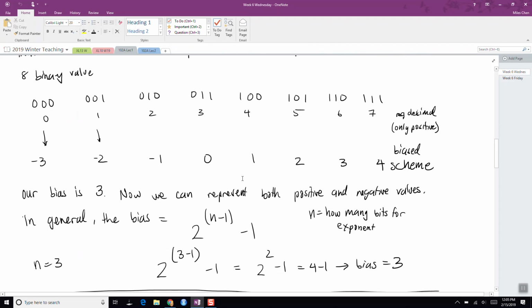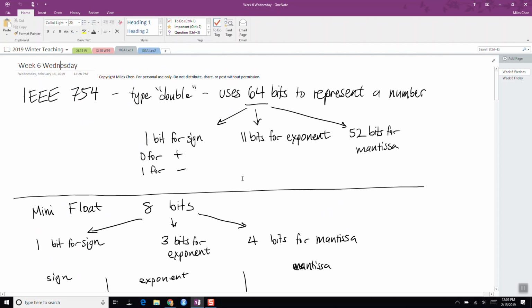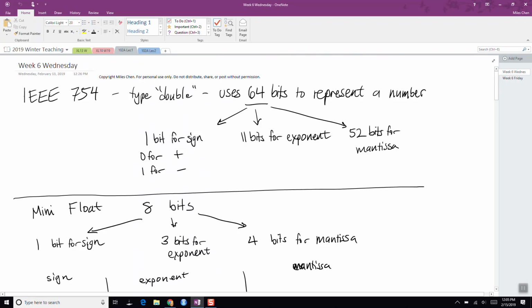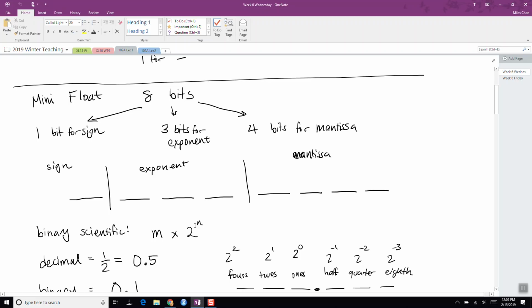And we said the way the specification goes is it uses 52 bits for the mantissa, 11 bits for the exponent, because we're basically doing binary scientific notation, and we have 1 bit for the sign. So here we said, let's try setting up a miniature version of this, and we're just going to use 8 bits.